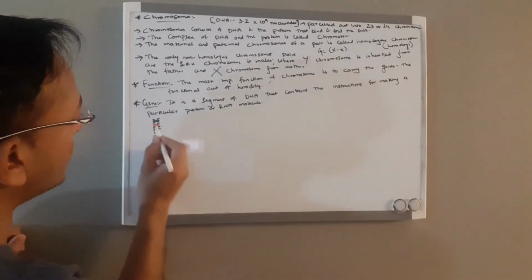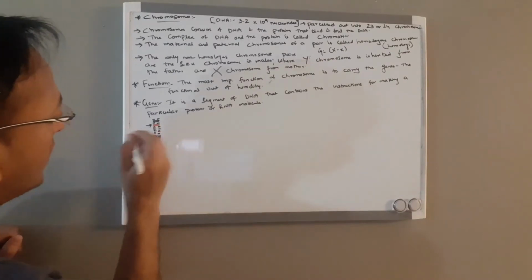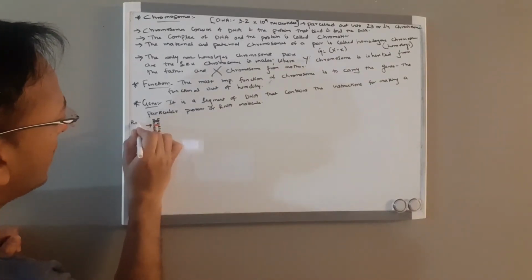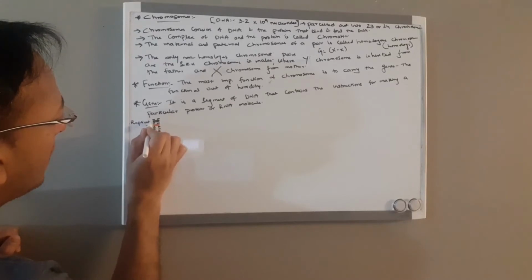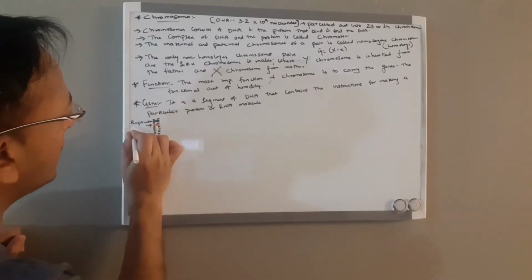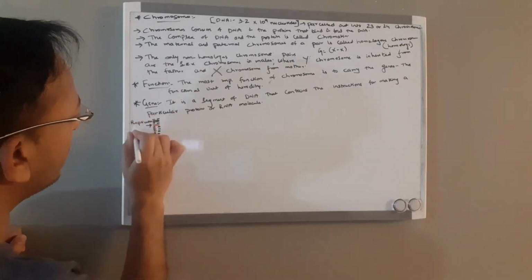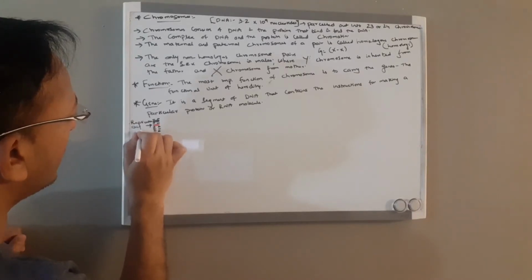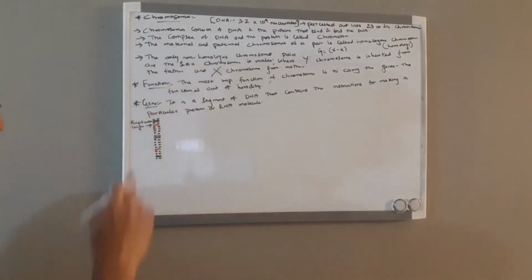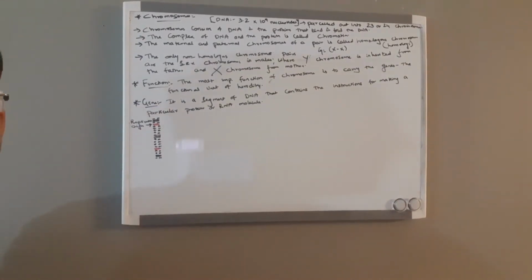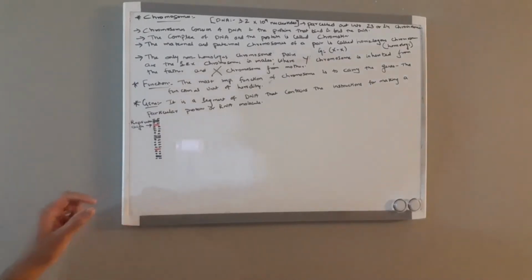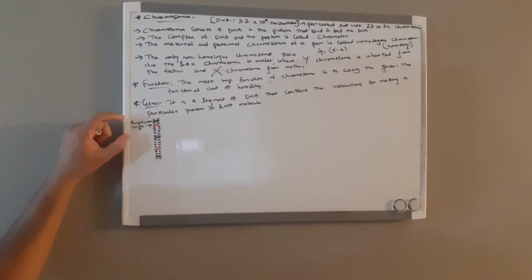So the pink one that you see, this one, is our replication origin. I'll write it down here. This pink and this pink are both replication origin nucleotide sequences. They act as replication origins.